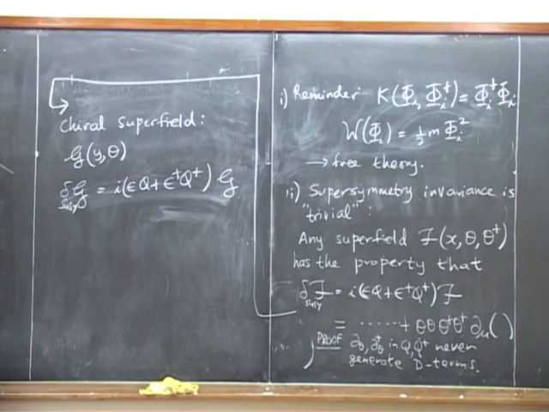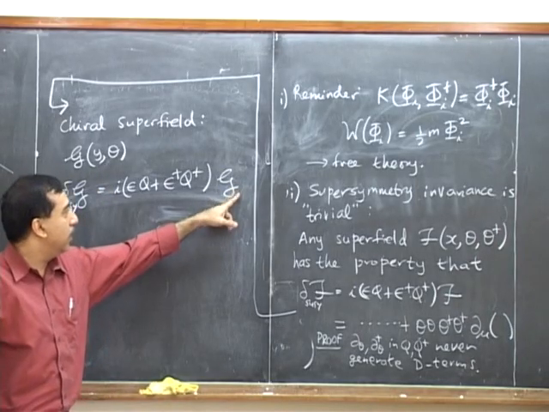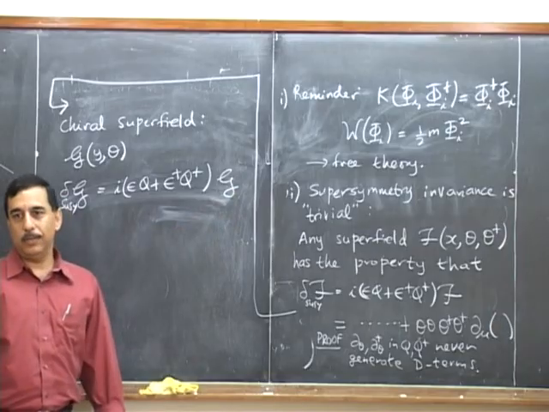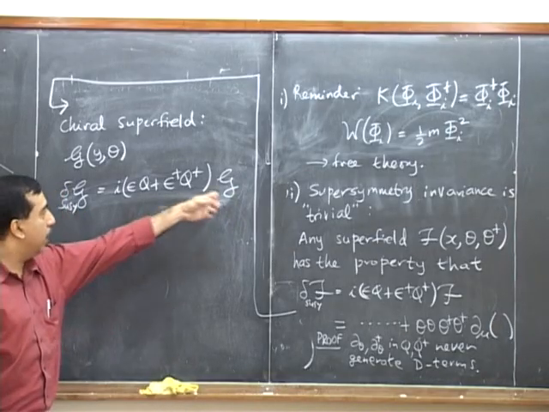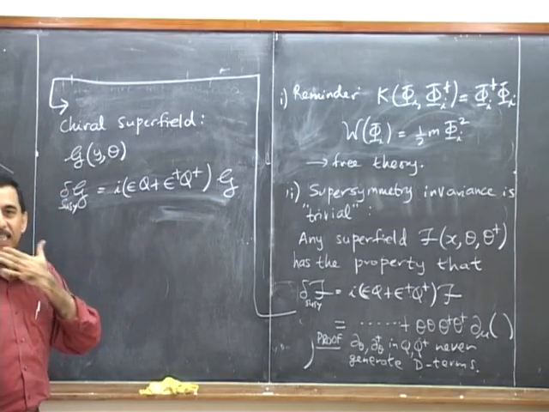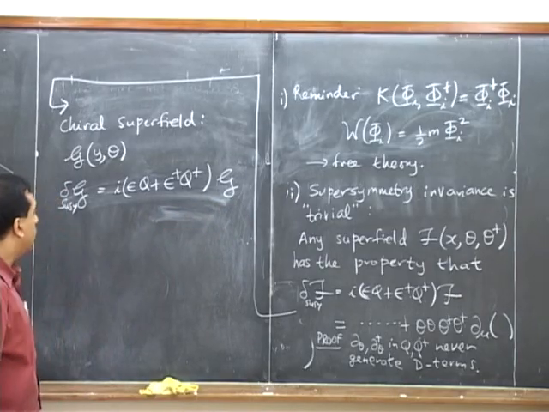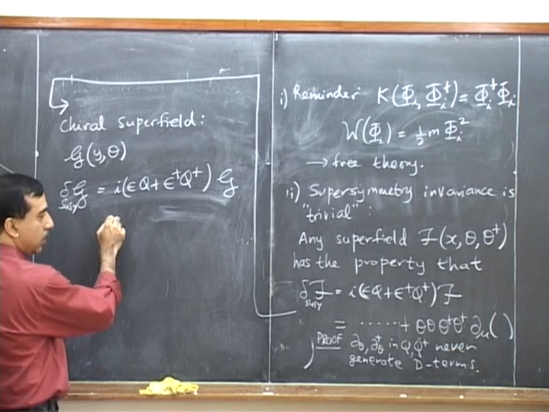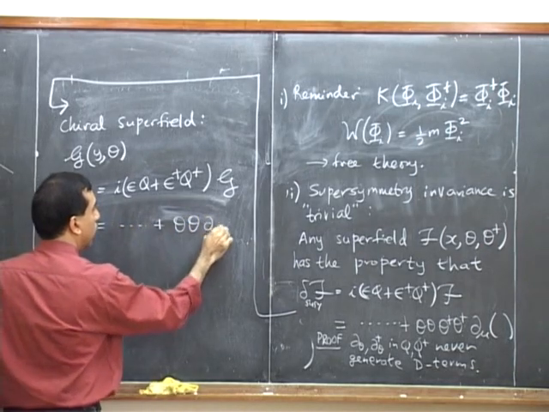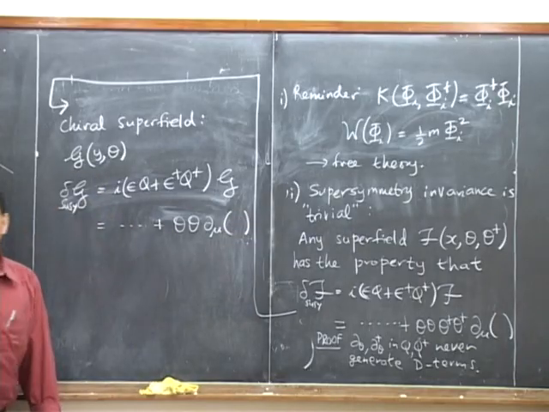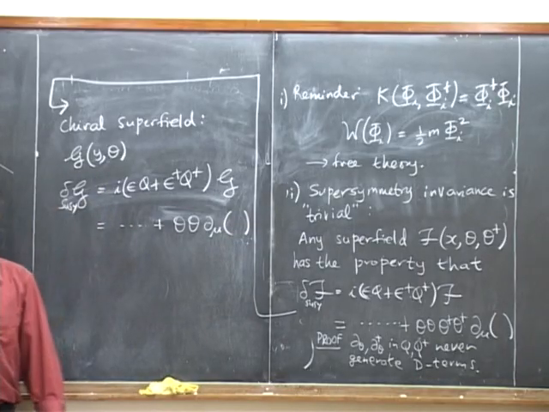And this time we have to be a little bit careful because G has this dependence on y as well as on theta, so these things can act on all of those. Nevertheless, it remains the case that this only generates theta del mu of something. I'll leave this to you as an exercise.